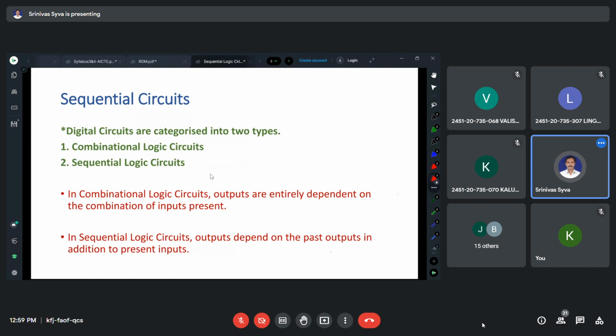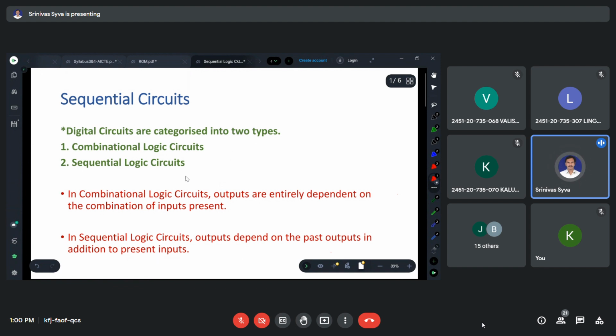Even PROM, programmable read-only memory, which we discussed recently, is a combinational logic circuit. PAL, programmable array logic, and programmable logic array are all called programmable logic devices, which are also combinational logic circuits.